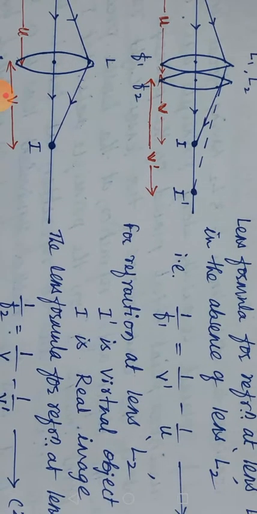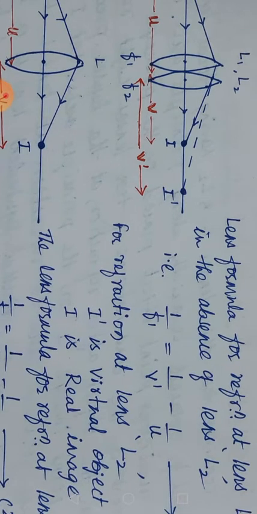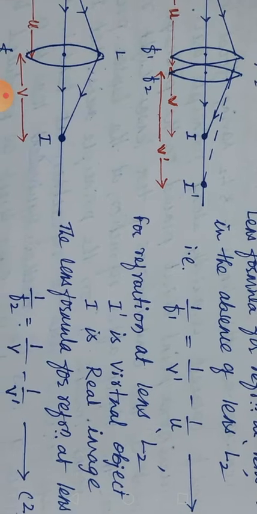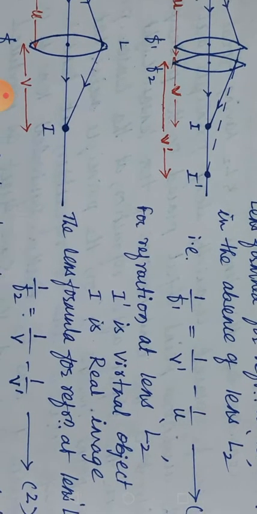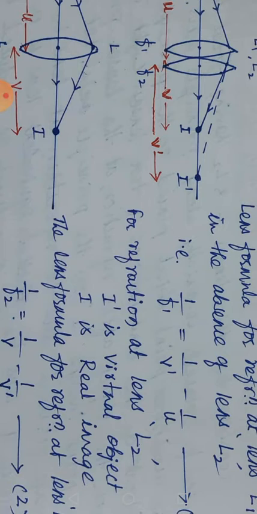Then the refracted light from lens L1 is incident on lens L2. The refracted ray from lens L1 is directed towards I dash. So for refraction at lens L2, I dash is to be considered as a virtual object.